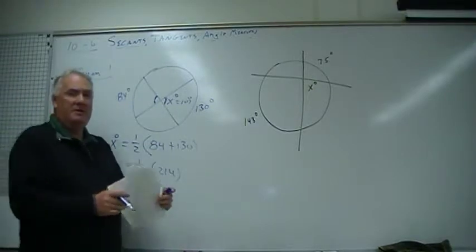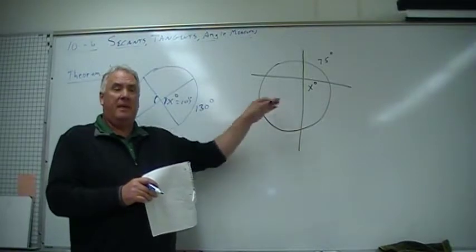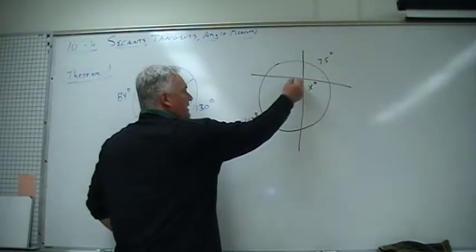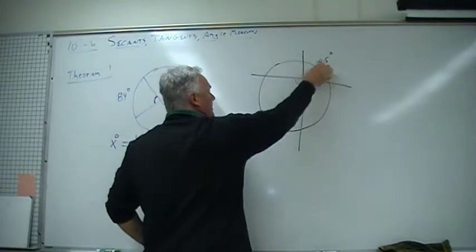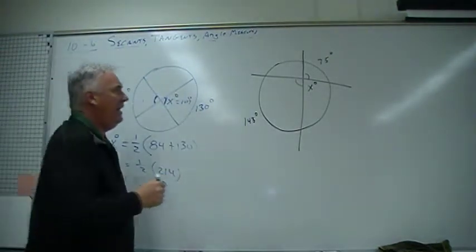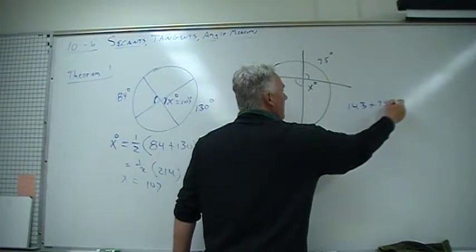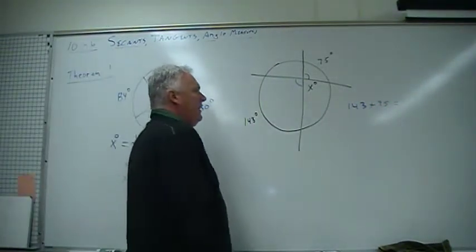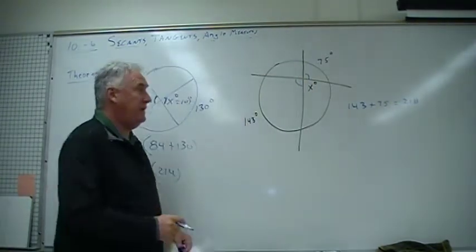Now, this one right here is similar. It's just got an extra step. So the measure of this angle and this angle will be adding these two arc measures and cutting in half. And when you add 143 and 75, you'll get 218.